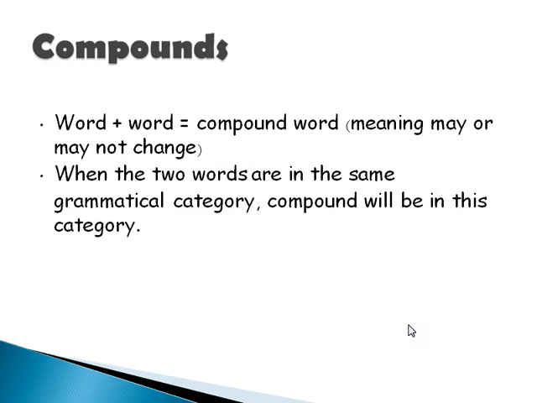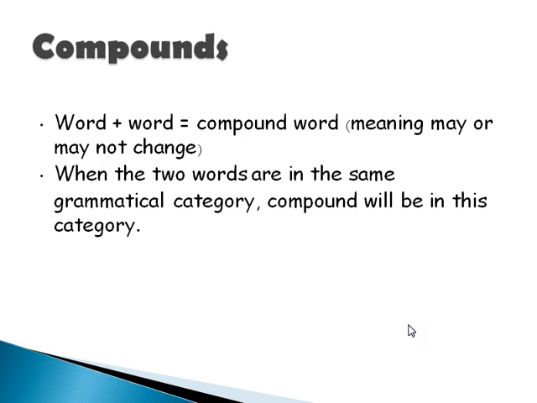When the two words are in the same grammatical category, they are the same part of speech, both verbs or both nouns, the compound is in this category as well. If I get two nouns together, white and house, White House is also a noun.